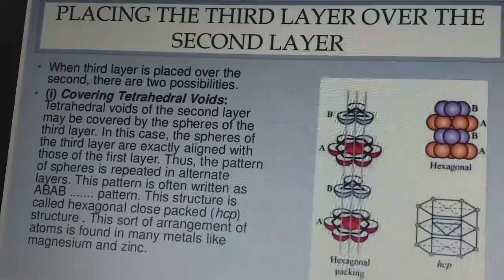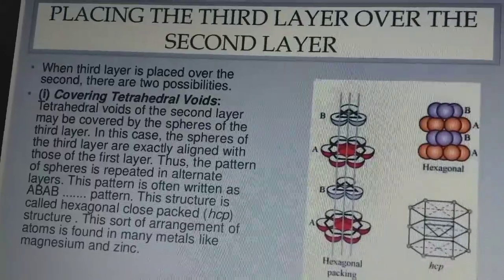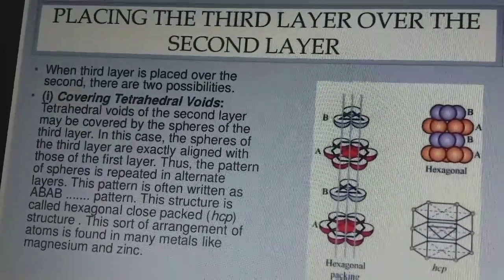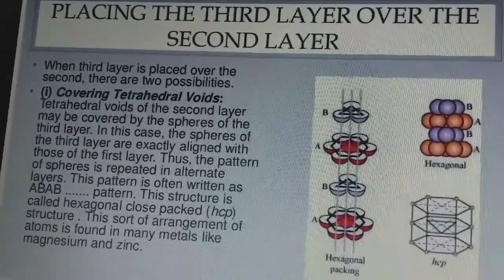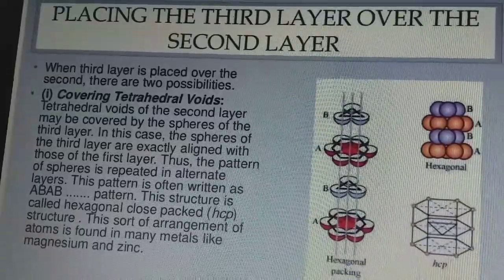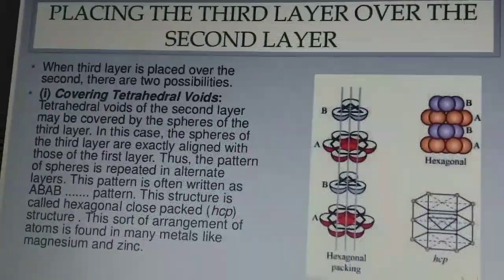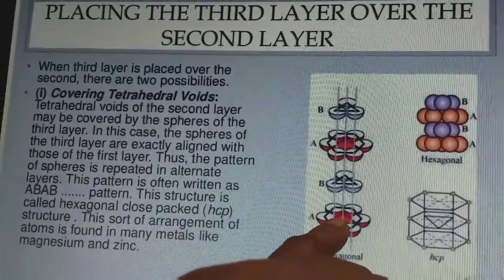So I hope you understood this covering of tetrahedral void. First layer will be there, and when you keep the second layer, two types of voids, tetrahedral voids and octahedral voids, are formed. If the third layer covers the tetrahedral void, then the pattern we get is AB type. And here it is shown clearly. This is your first layer.